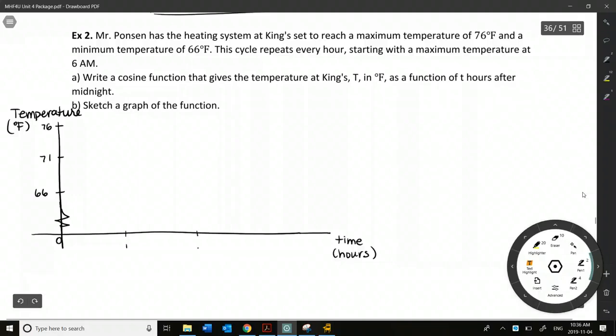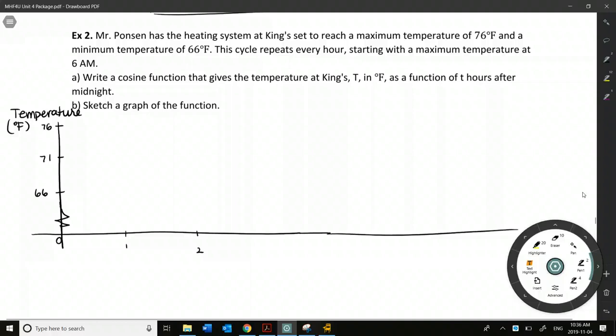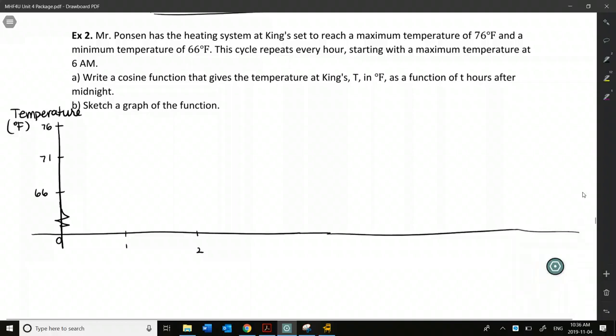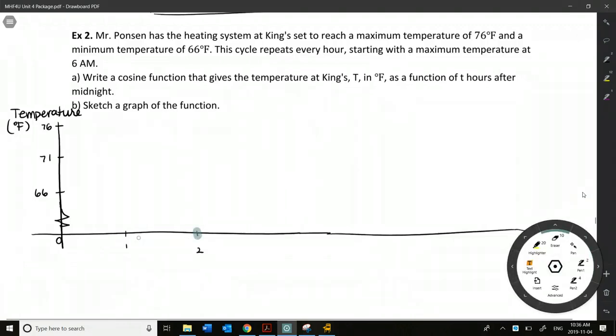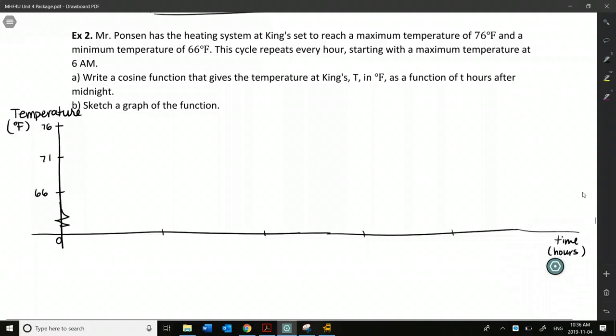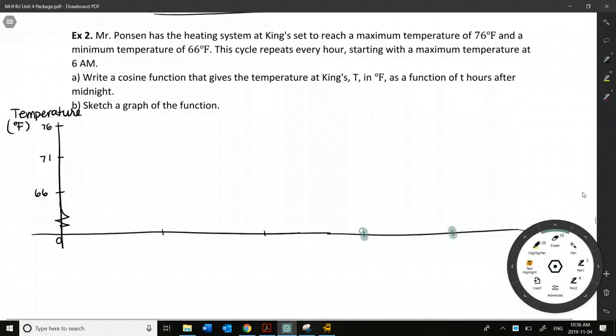I'm going to space this out a little bit here, so we might actually need to extend our graph a bit over here. I might even just take up this whole space here, so that we can get to 6 a.m. Maybe I went a little too far with that.